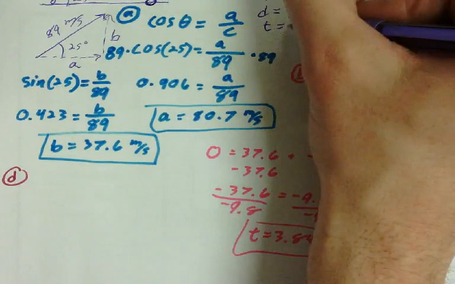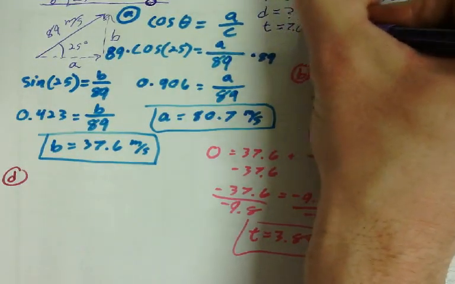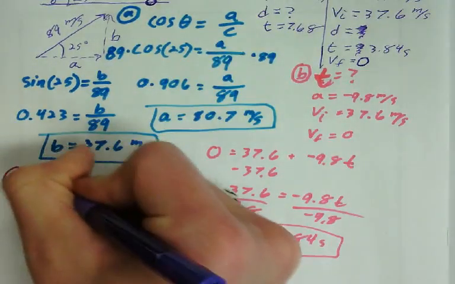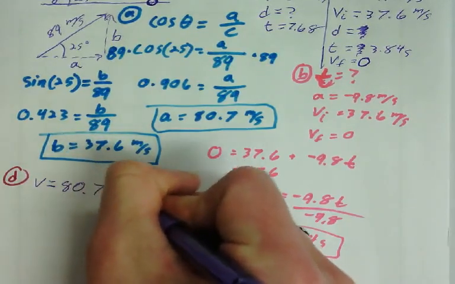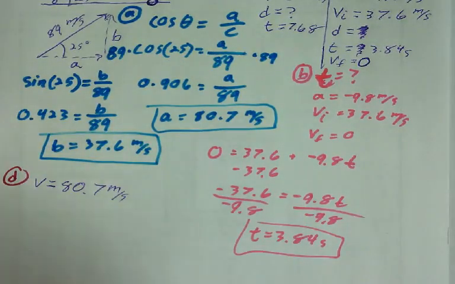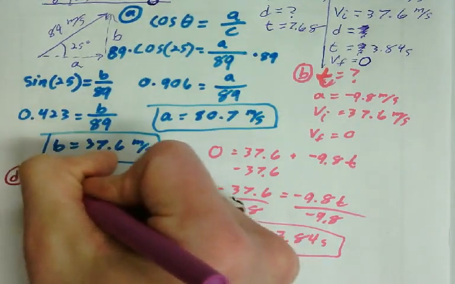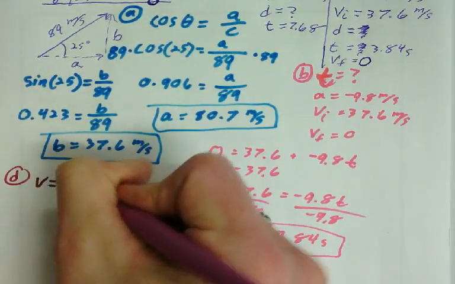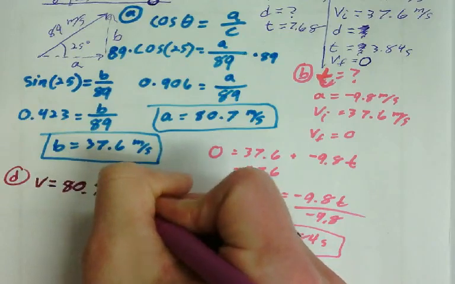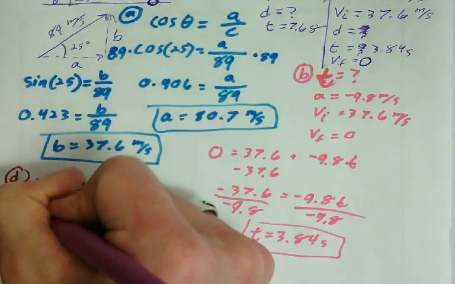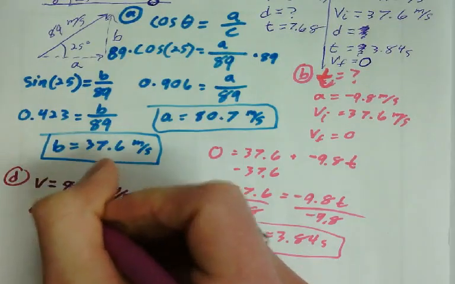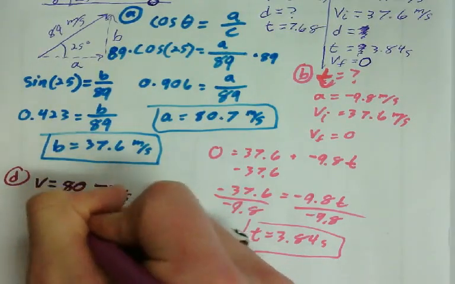So the time I'm going to use is 7.68. The velocity I'm going to use is the x velocity. The time we're using is double the time.